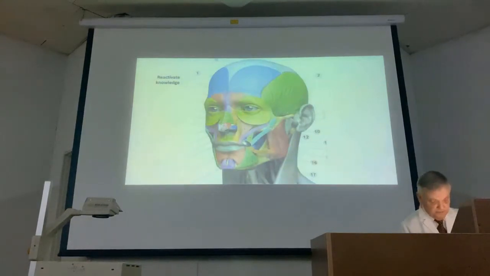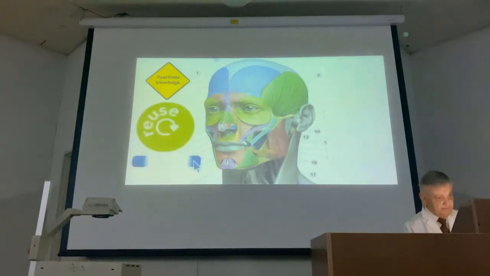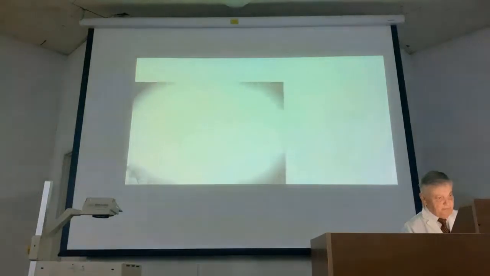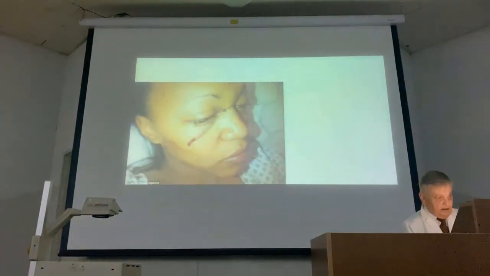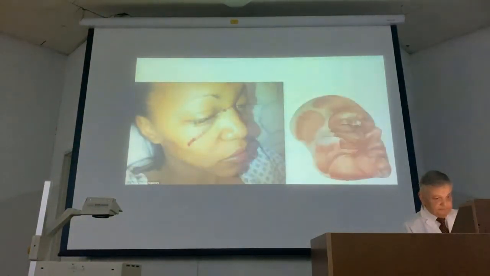Muscles of facial expression, probably you had this information and probably you overlooked it and you think it is not that important. But let's have some examples, applied things. This is a lady who had a wound across the lower eyelid up to the nose.